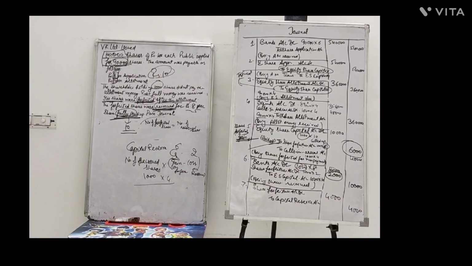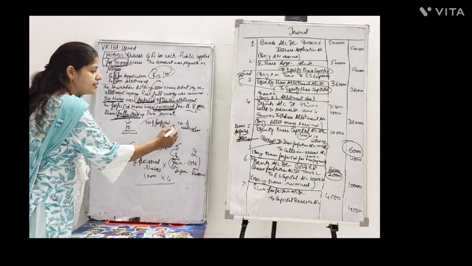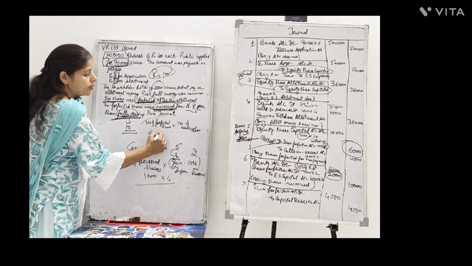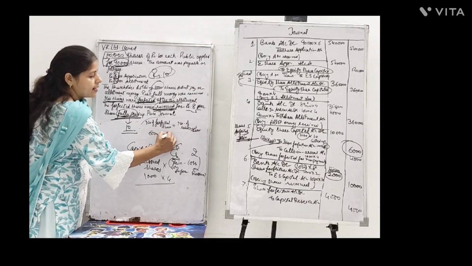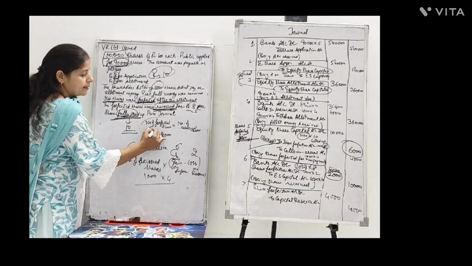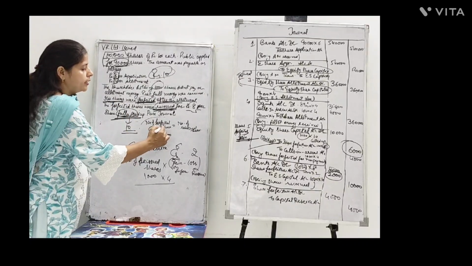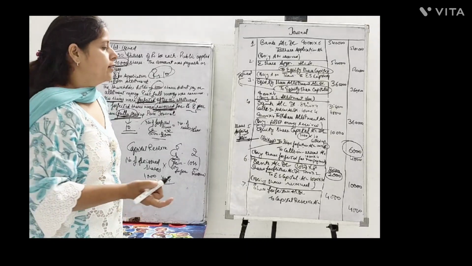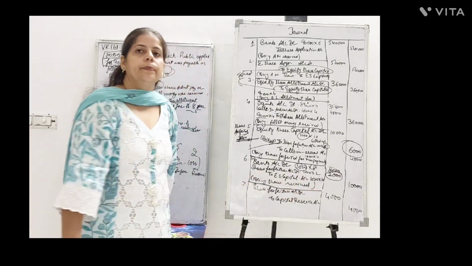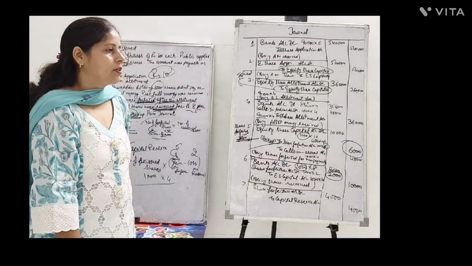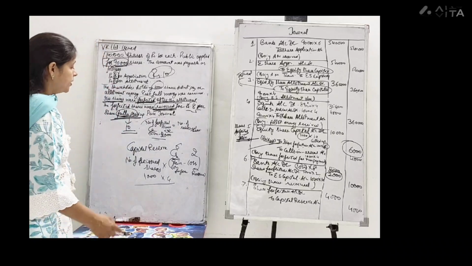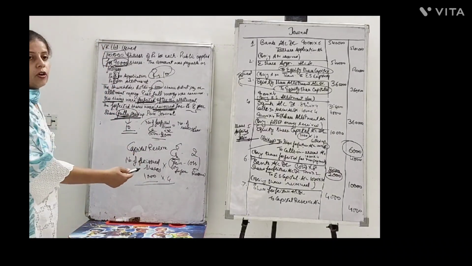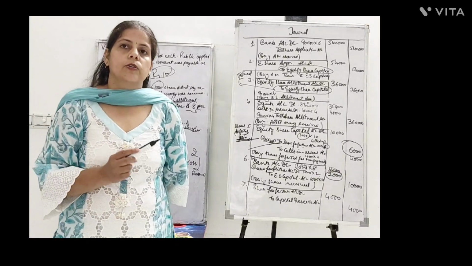This is another way to calculate. When this case is there, you can directly deduct 6000 minus 2000, the credit balance of share forfeited and the debit balance of share forfeited, and you get the amount of ₹4000. Otherwise, if the numbers are not the same, we have to follow a proper procedure.